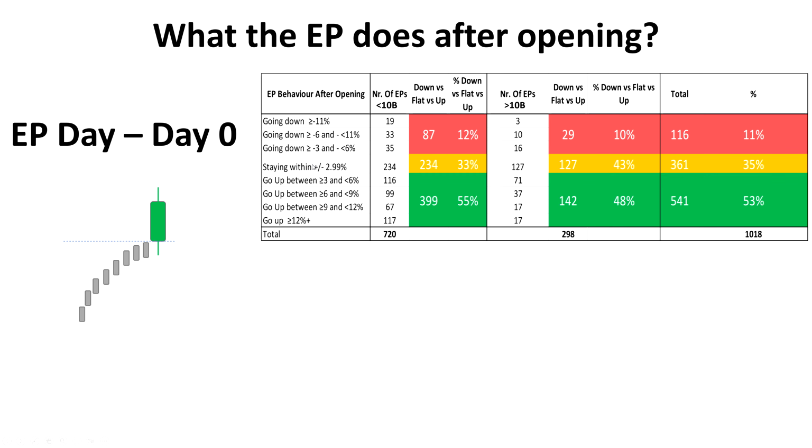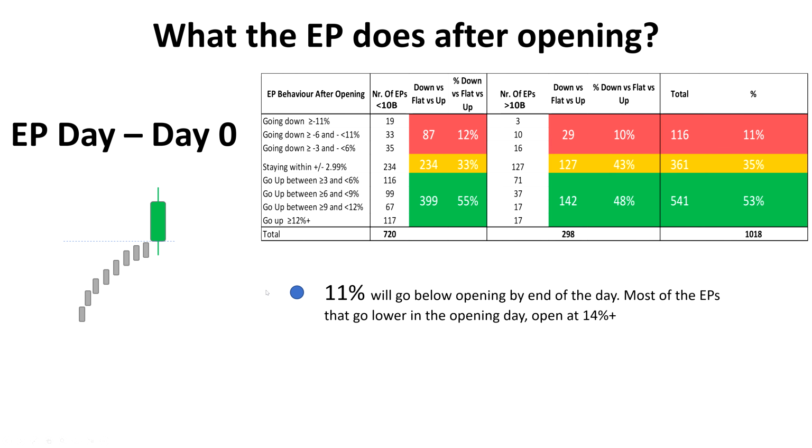You can pause the video and evaluate the table in more detail, but I studied when they go down, within a range, and what happens there. To make it short and to the point, what I see is that after the EP opens, when it starts trading during the day, 11% will go below the opening by end of the day.